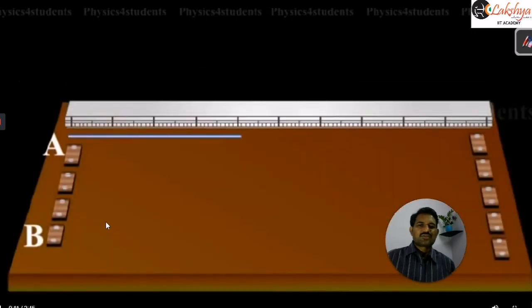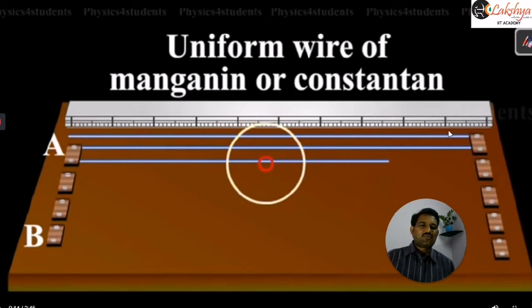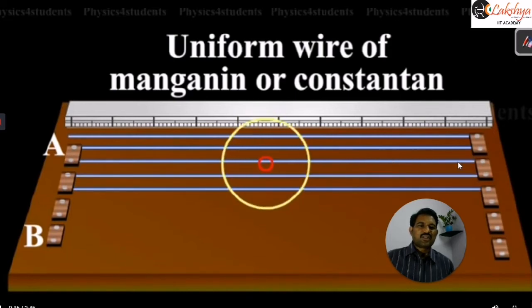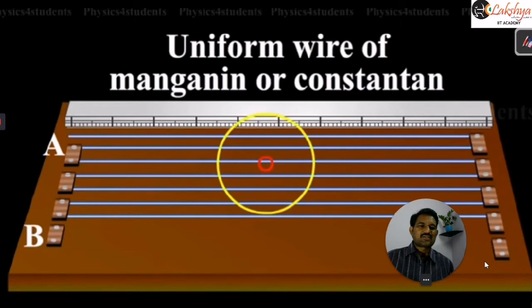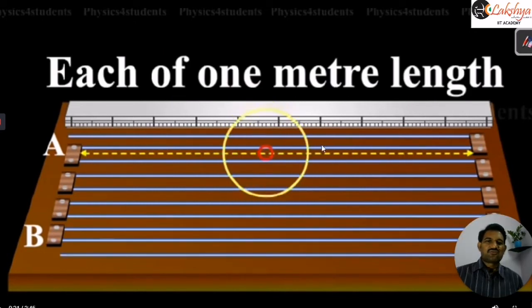You can observe that these different 1 meter wires are joined at the ends like this, so that all of them are connected in series here. This wire is of length 1 meter, and all those are connected.